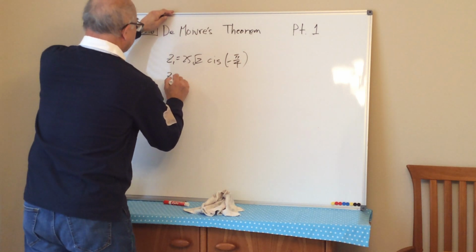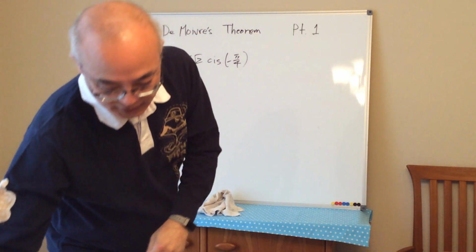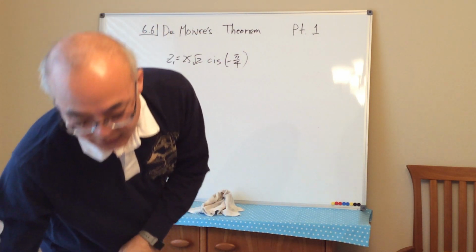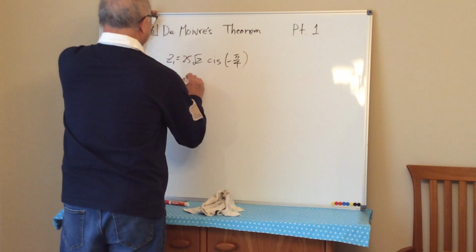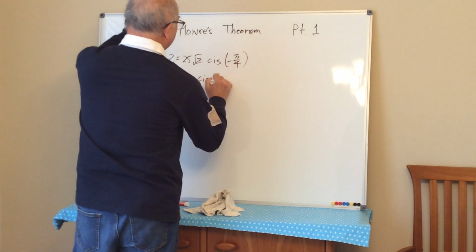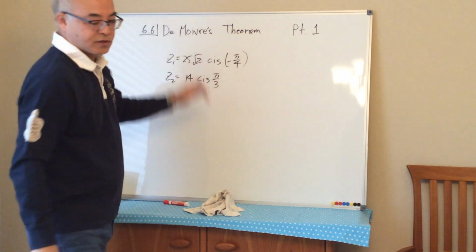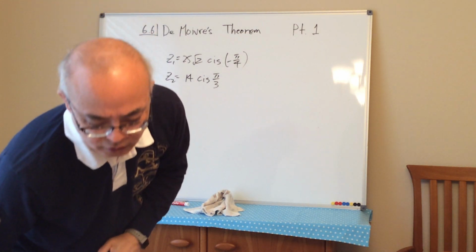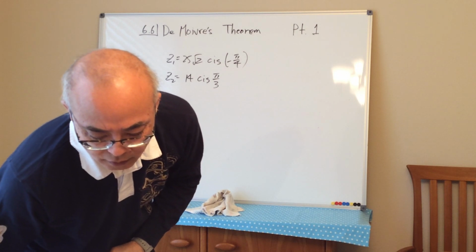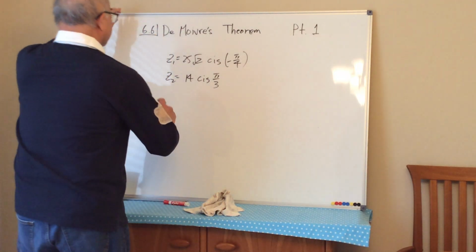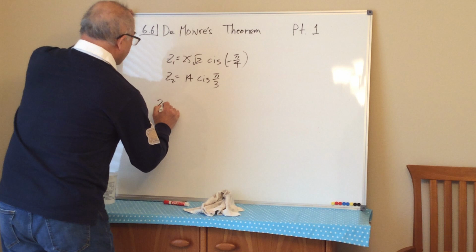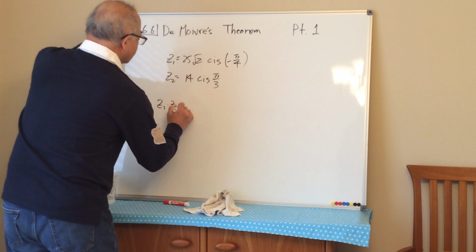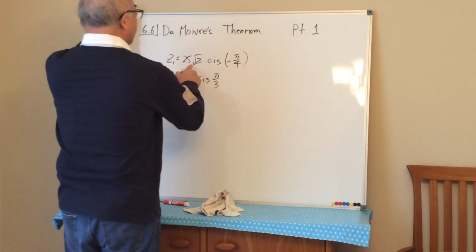Z2 is 14 CIS pi over 3. And they want us to find the product. So it's going to be Z1 times Z2. It's nothing more than you multiply these two together.